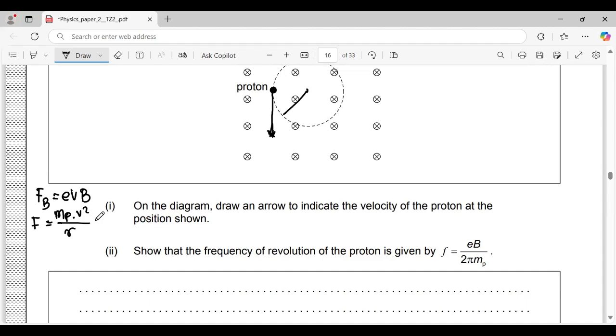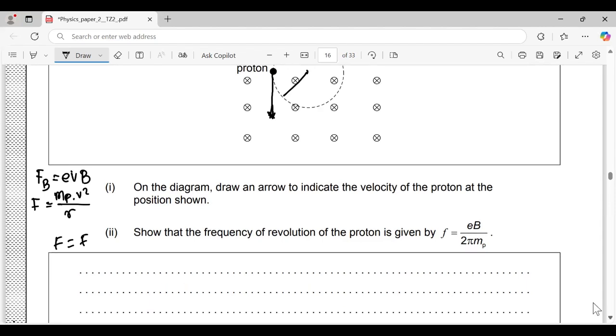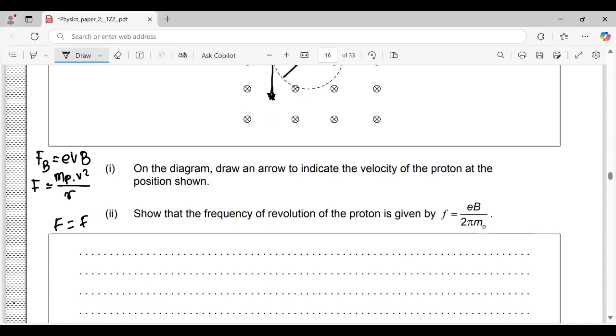So next, when the magnetic force provides the centripetal force, we can combine them: FB equals F, or magnetic force equals the centripetal force.